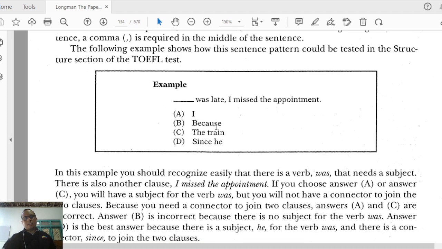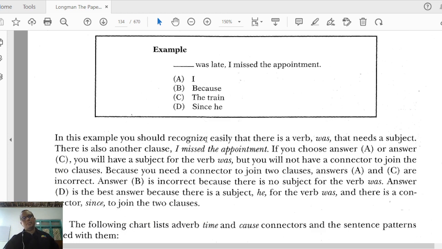Okay, for example here, blank was late, I missed the appointment. Ya, kenapa dia telat? Ya, kenapa dia miss the appointment? Dikarenakan, so because I was late, comma, I missed the appointment. Okay, in this example, you should recognize easily that there is a verb, was, that needed a subject.